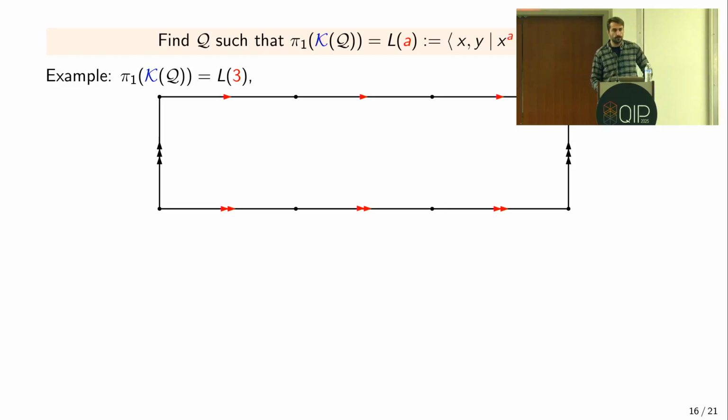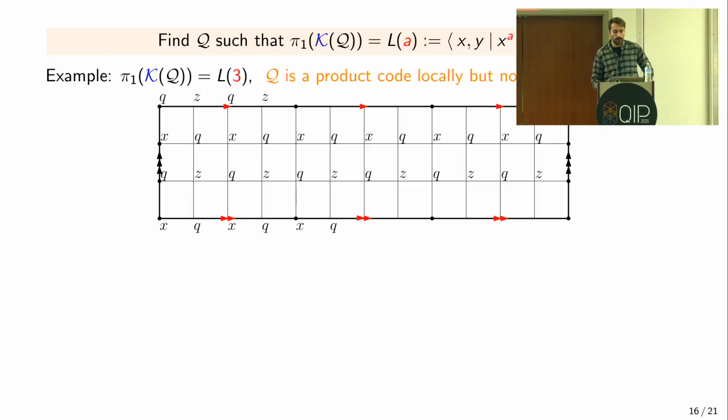And to create a code, we will first make a cellulation. We'll subdivide this big face in the middle, and we will interpret the vertices as the qubits and X and Z checks in the following manner.